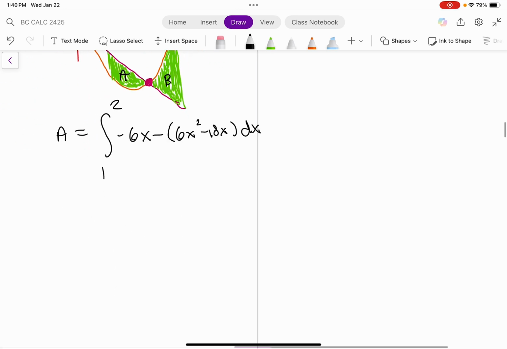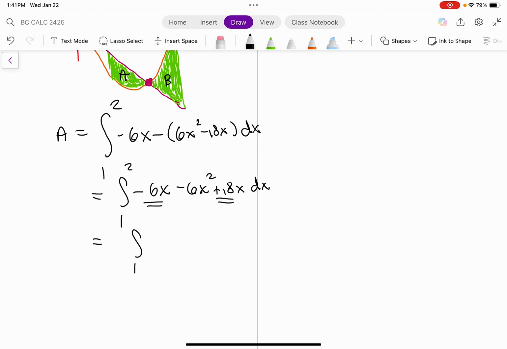We're going to have to do some fundamental theorem stuff here. First, let's clean up. This is 12x, so it's negative 6x squared plus 12x.